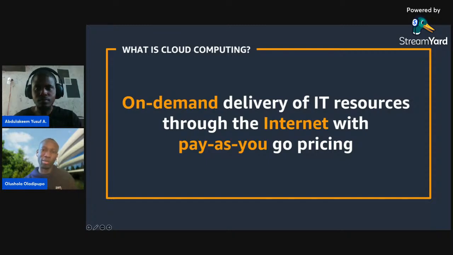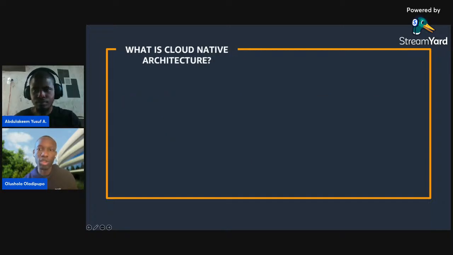Different organizations and businesses can access these resources via the internet to develop and run their applications. This also means that capacity can grow and shrink instantly, and you only pay for what you use, basically. And we're still going to go through all the different benefits so that you understand some of the benefits of a cloud native architecture.